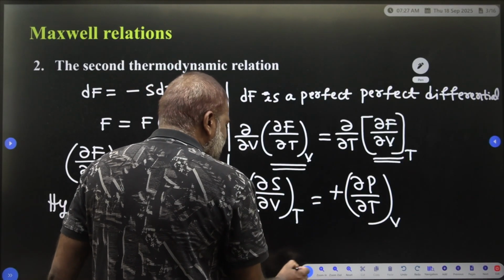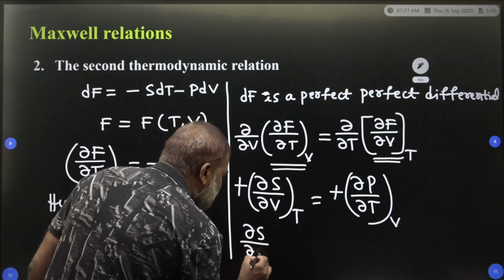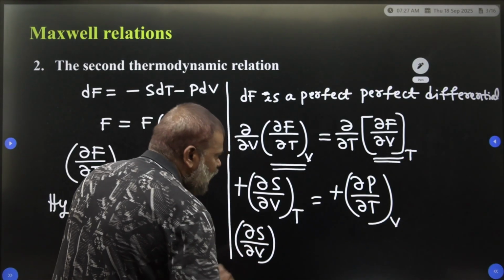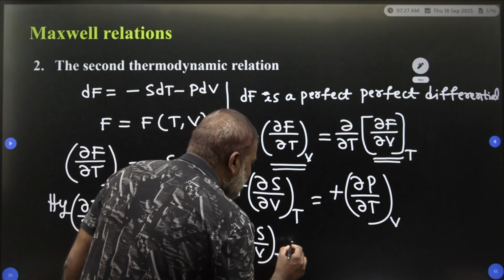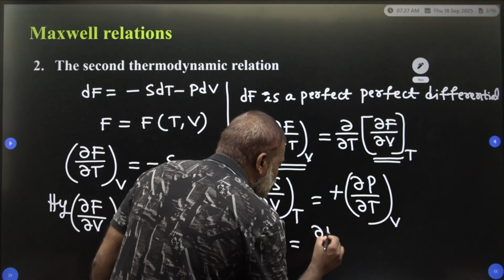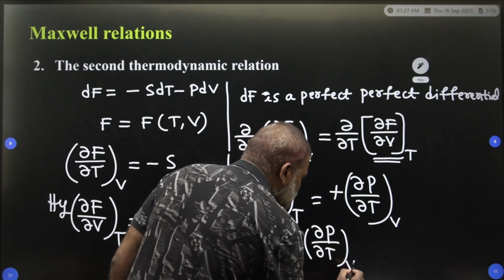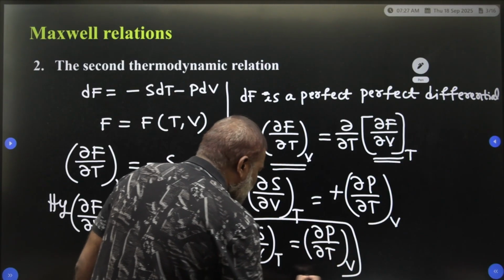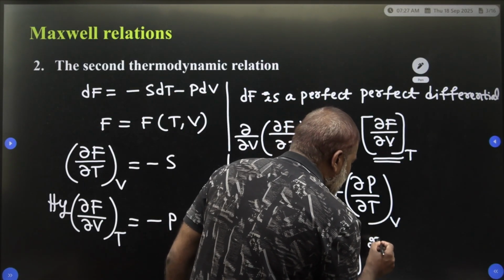Minus minus gets cancelled. Therefore dou S by dou V at constant temperature is equal to dou P by dou T at a constant volume. This relation we call the second Maxwell's thermodynamic relation.